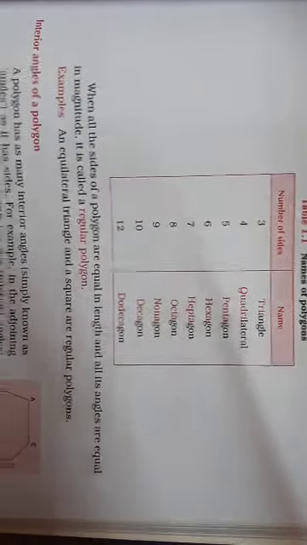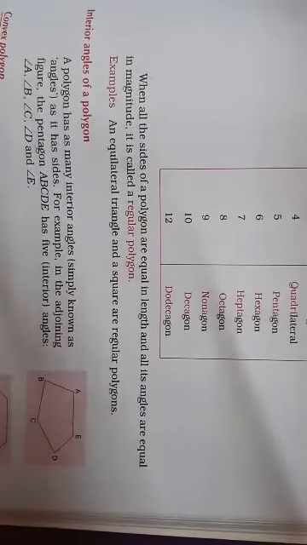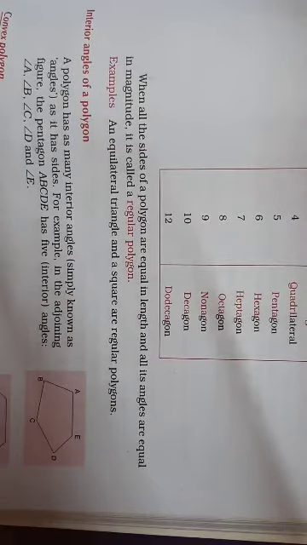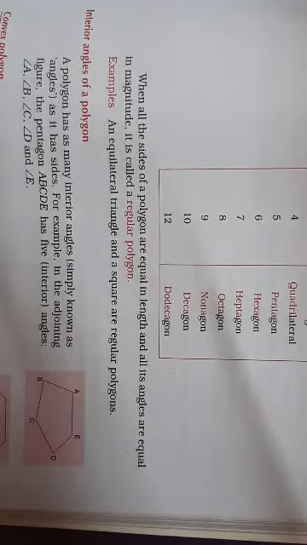Then they are talking about the interior angles. If you see the figure, we have A, B, C, D, E. One more thing you need to notice is that when we are naming this figure, we are going in a cyclic order. Now what is this cyclic order? While naming the vertices of the figure, vertices are the points where the sides meet, we are going to follow the cyclic order.